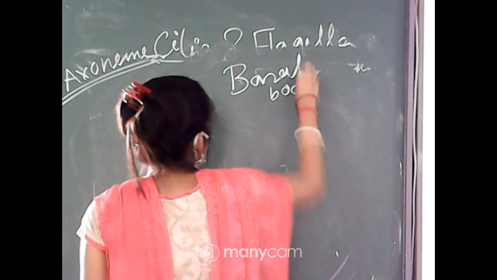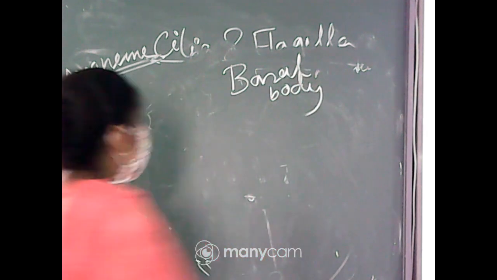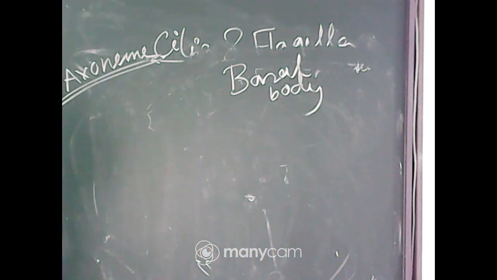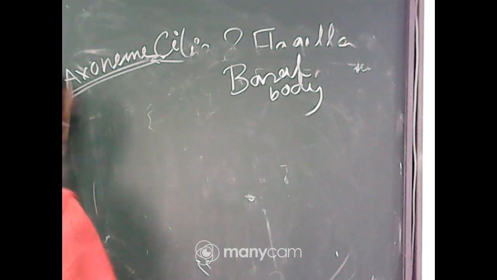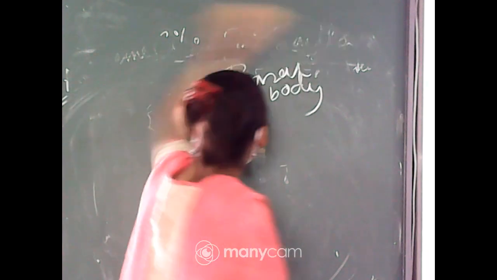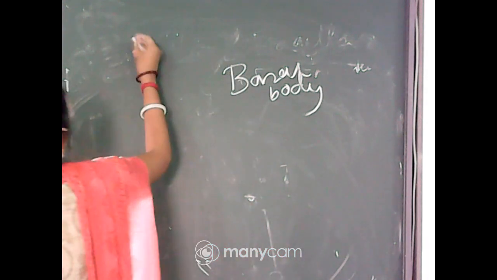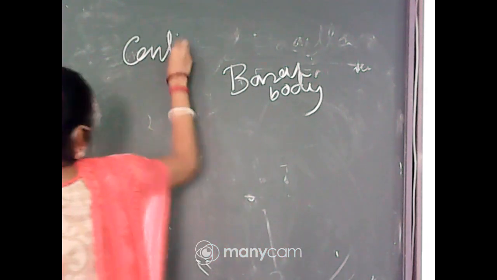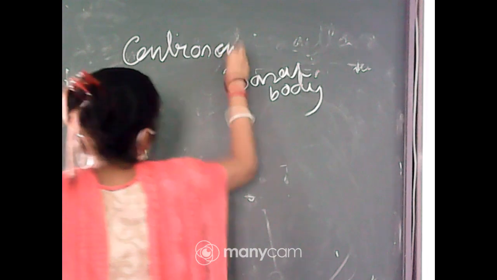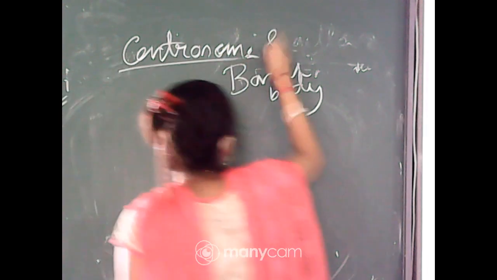There are some differences between the centrosome or centriole and the basal body. Next we have to know that. So next our cell organelle is the centrosome and centriole.